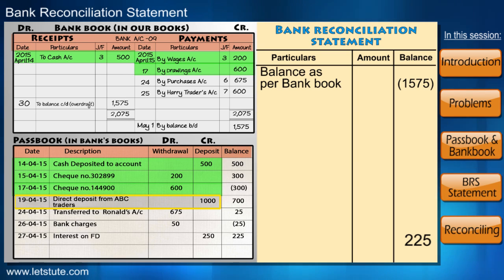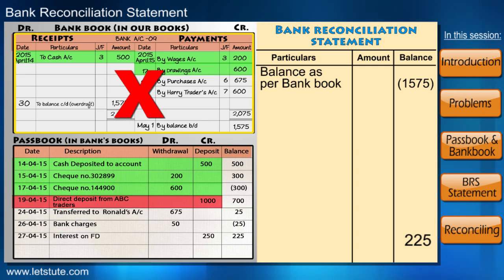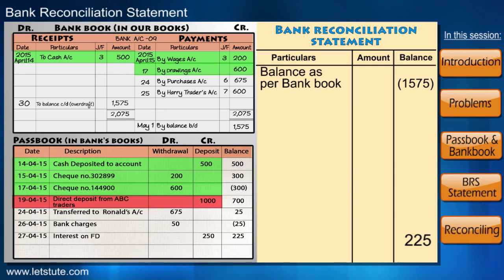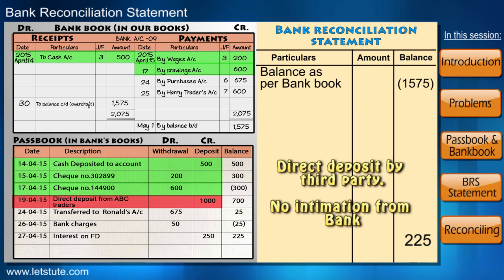Then on the 19th, there is an entry in the passbook that we got a direct deposit from a third party for 1000, and this entry is not there in our bank book. It may be because we have not got any intimation from the bank, so we have not recorded it in the bank book.